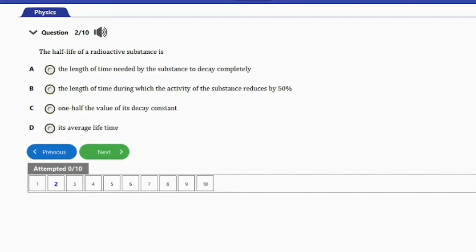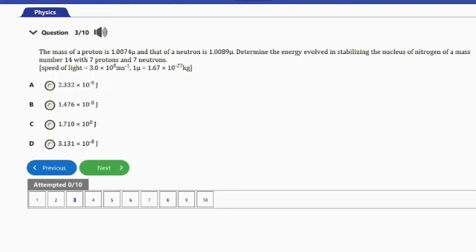So guys, the next question here, question number 3, it says, the mass of proton is 1.0074 mu and that of a neutron is 1.0089 mu. Determine the energy evolved in stabilizing the nucleus of nitrogen of a mass number 14 with 7 protons and 7 neutrons.